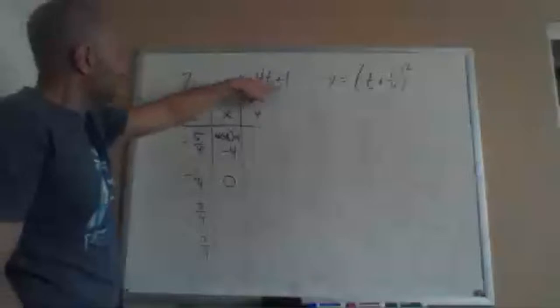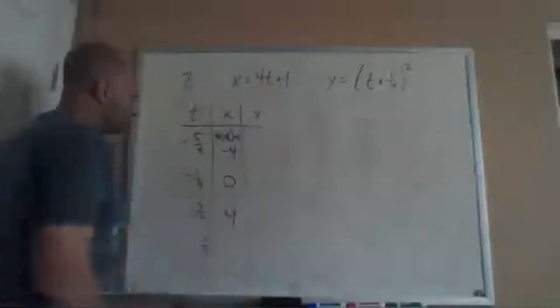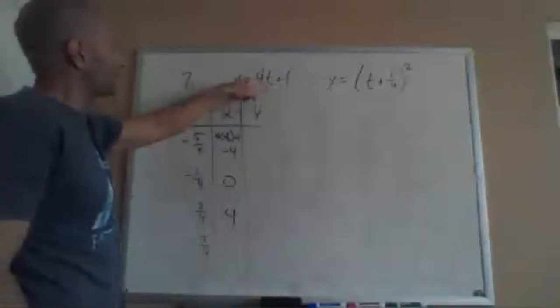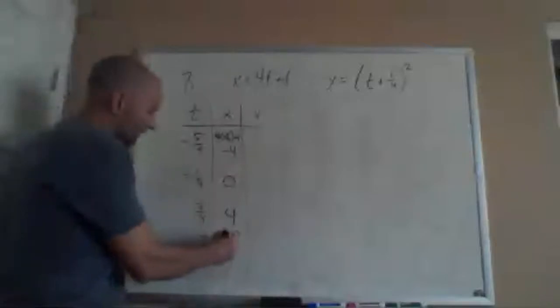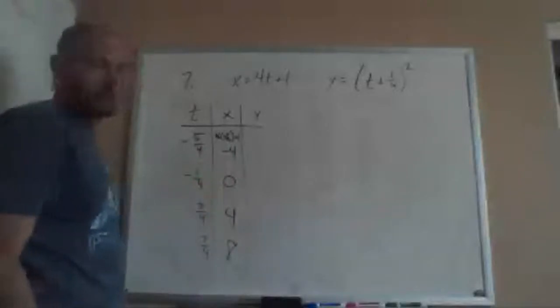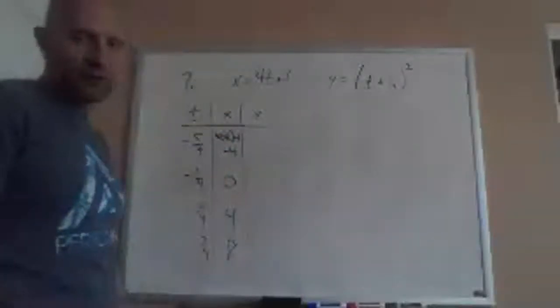Plug in 3/4. The 4's cancel out. 3 plus 1 is 4. Plug in 7/4. The 4's cancel out. I get 7. 7 plus 1 is 8. You get these values here, -4, 0, 4, 8 for your value for x. Any questions on that? Again, you could have picked any values you want for t. I just picked these fractions because then it gives you nice numbers here.